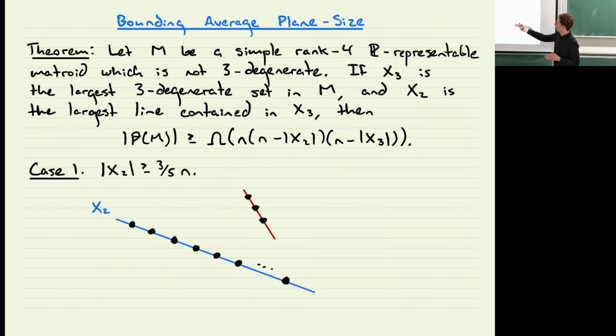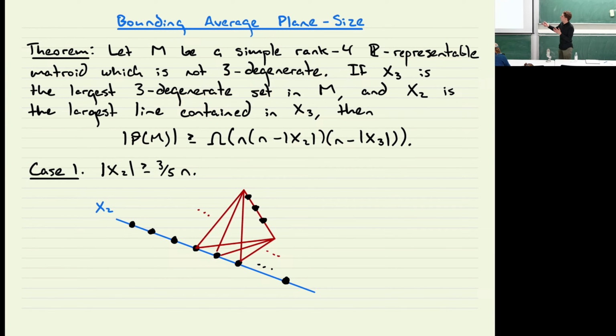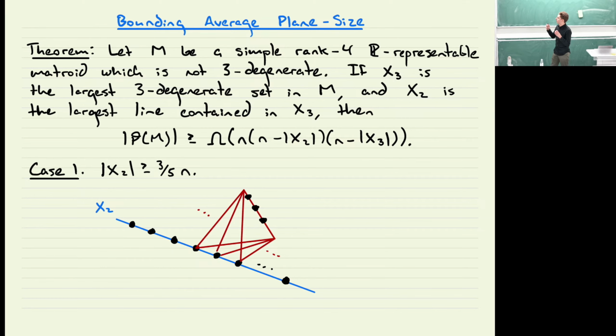So here's that line, that red line is skew to x2. And then for each of those skew lines, we're going to count up the planes that it spans with points in x2. But again, we want to do a similar kind of thing where we avoid double counting.